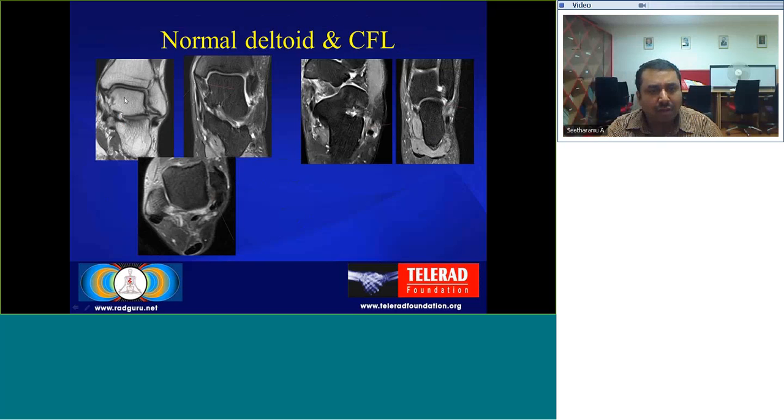So this is a normal deltoid ligament with the superficial part extending from the medial malleolus to the sustentaculum tali, and the deep part extending from the medial malleolus to the talus, demonstrating the striated appearance. This is again an axial image demonstrating the striated appearance of the deeper part.